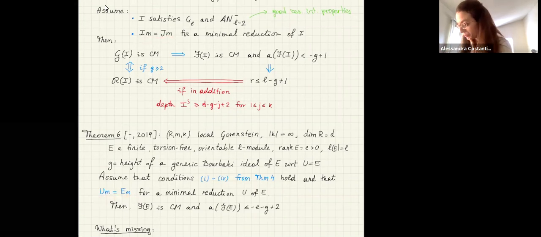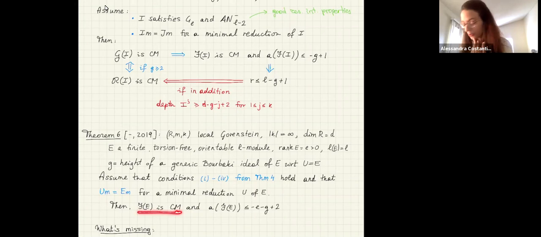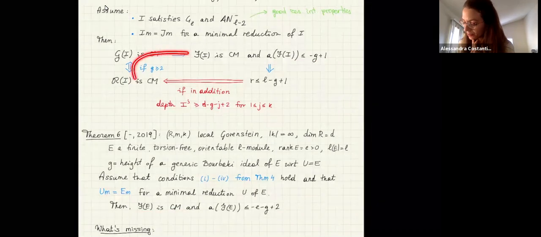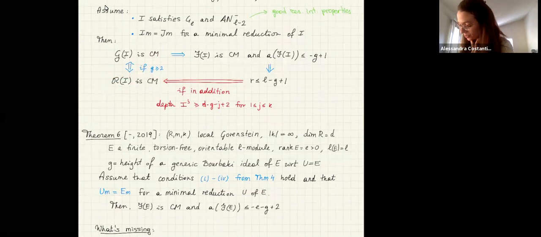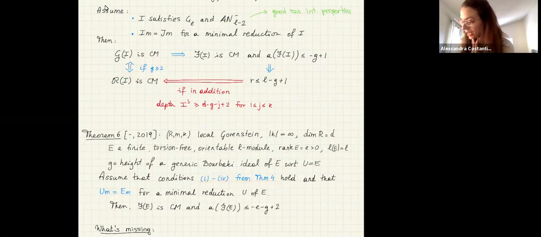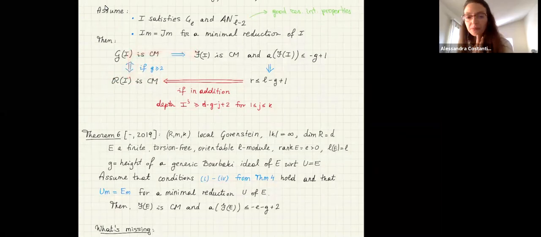And what I can prove is that if the fiber cone of E is Cohen-Macaulay and the a-invariant of the reduction of the fiber cone satisfies a bound that is basically the analogous of this. So really what I have is this implication. If I'm putting myself in the conditions when the Rees algebra is Cohen-Macaulay, these conditions here, I'm implying this.